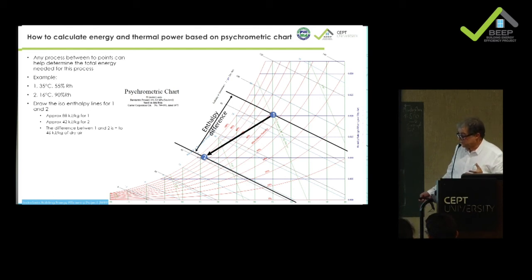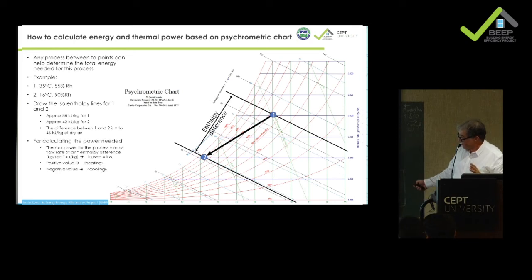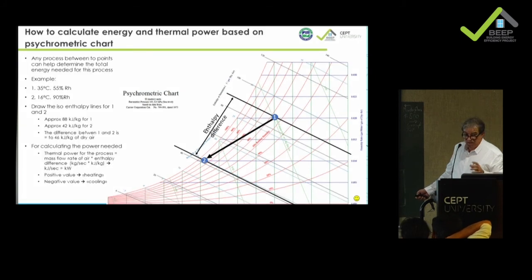So what you do is simple, I have made it as simple as possible. The thermal power of this process is the mass flow rate of air in kg per second multiplied by this difference of enthalpy. If you multiply this, it gives you kg per second times kilojoules per kg.